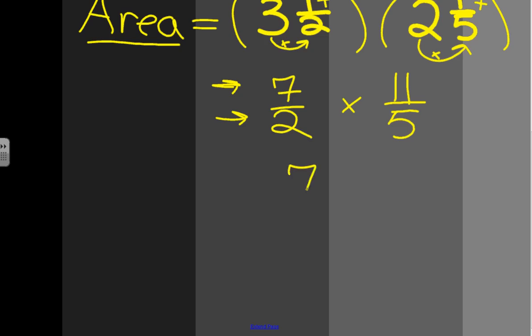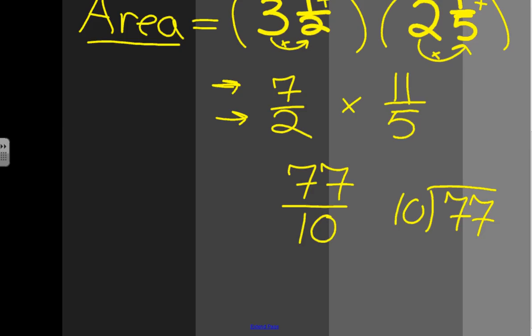7 times 11 is 77. 2 times 5 is 10. And what do you know? We've got the same improper fraction that we had on our last multiplication problem. We know that 77 divided by 10 is equal to 7 and 7/10. And this would be inches squared for this area problem.